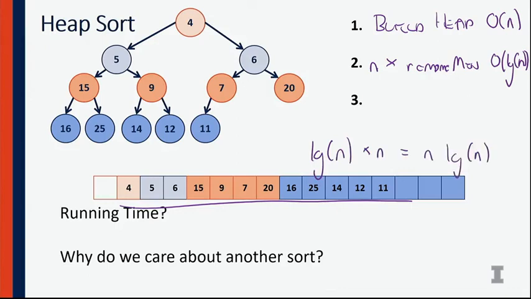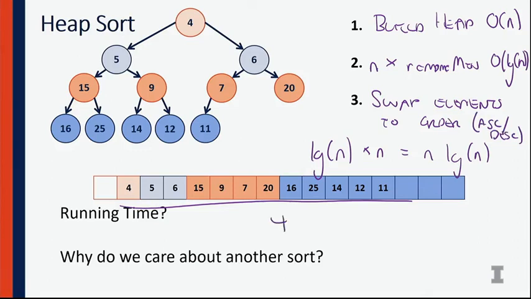And then only if it's needed, which may not be necessary, we may want to swap elements to order our list in the proper way, either ascending or descending. So notice that if we have a heap and we continually call remove min, we're going to get a list that's going to have 4 as the minimum element, then 5, then 6, then 7, then 9, and so forth, by continually removing the minimum from our tree.